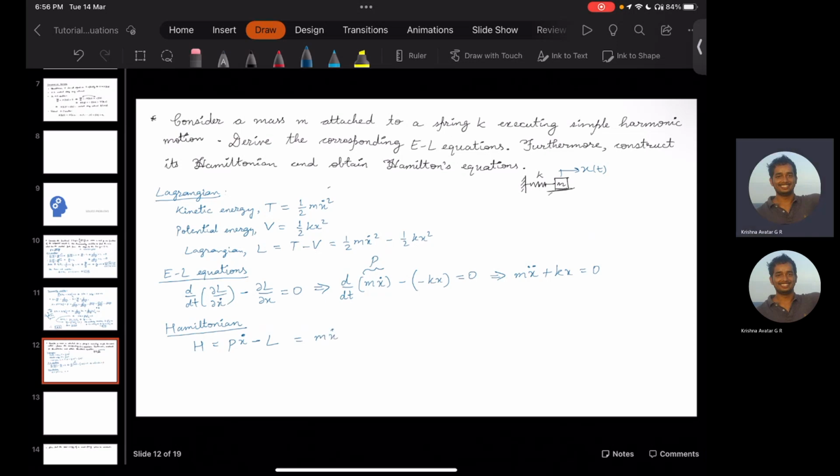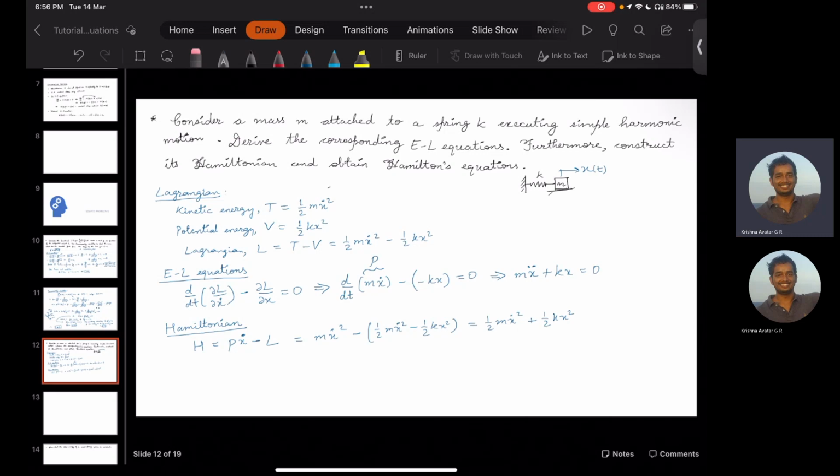So m x dot into x dot is m x dot squared minus L. So it is half m x dot squared minus half kx squared, and this gives us m x dot squared minus half m x dot squared, which is half m x dot squared plus half kx squared, isn't it? So this is our Hamiltonian.